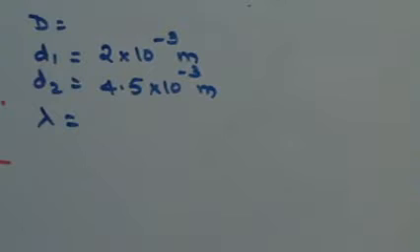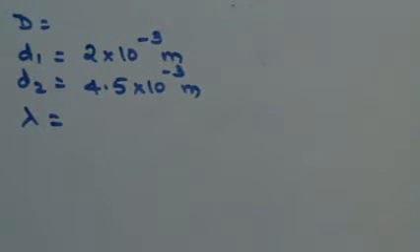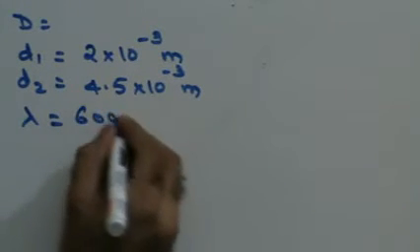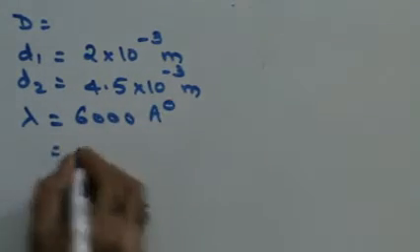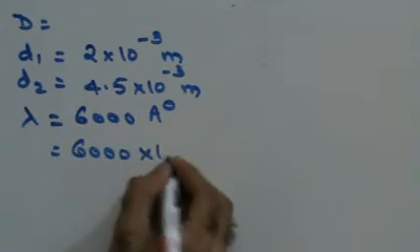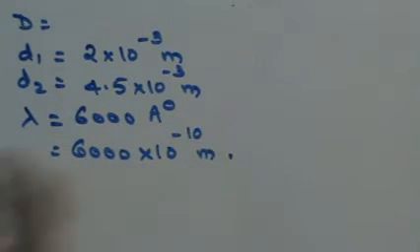Wavelength of light used is 6000 Armstrong unit.